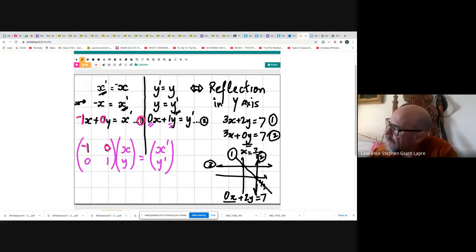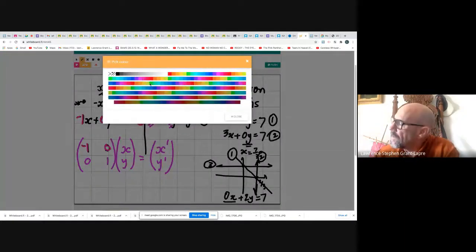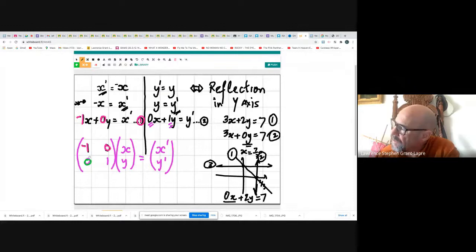Now can you see it? Okay, it's the coefficients of x and y. So my next question is, where did I get 0, 1 from? From the second equation, 0, 1. It's the coefficients of x and y.